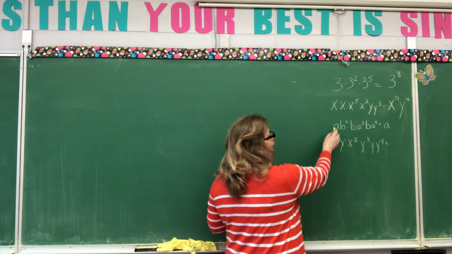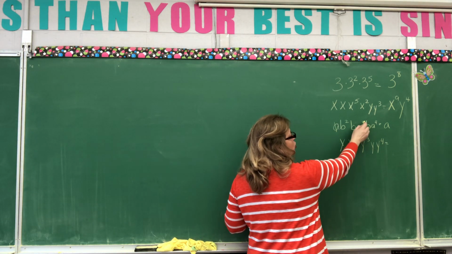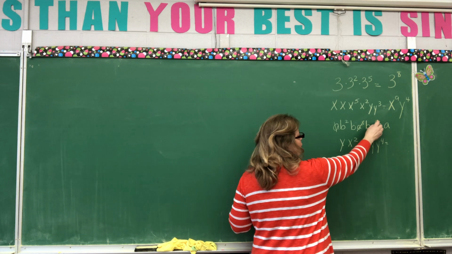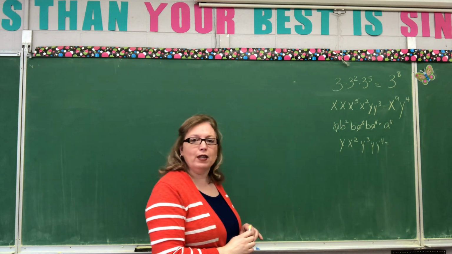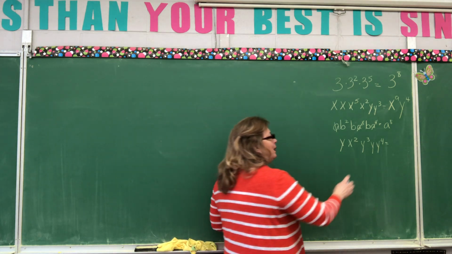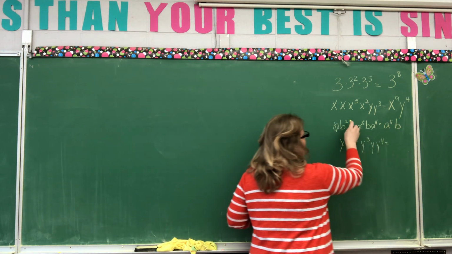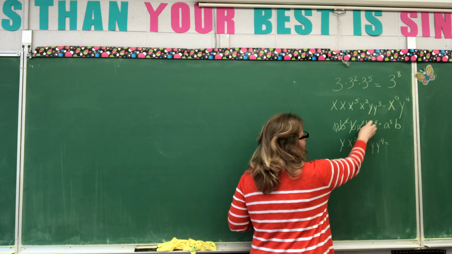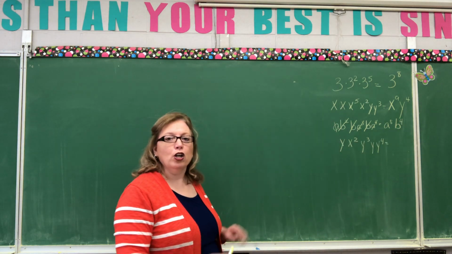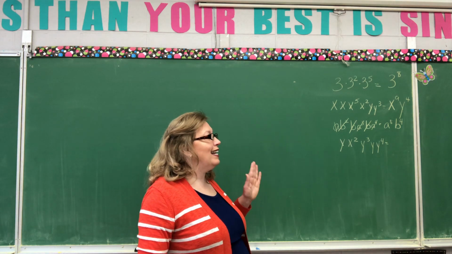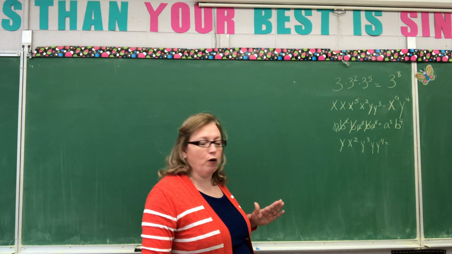So on a's we have 1 plus 3 is 4 plus 4 is 8. So we have a to the 8th power. What about b? Well, we have 2, 3, 4. We have b to the 4th power. So our answer is a to the 8th power, b to the 4th power.